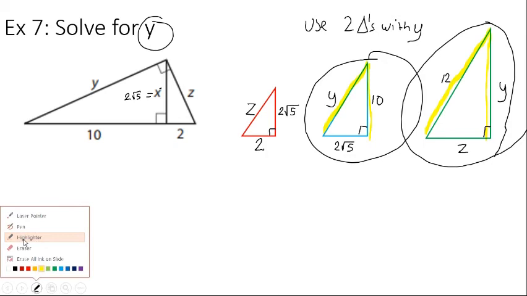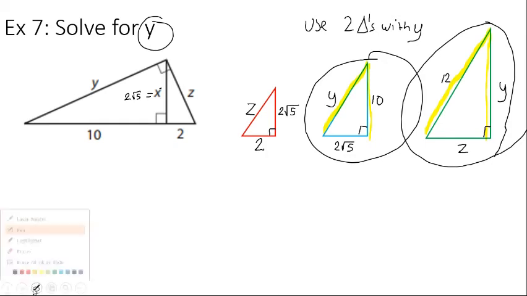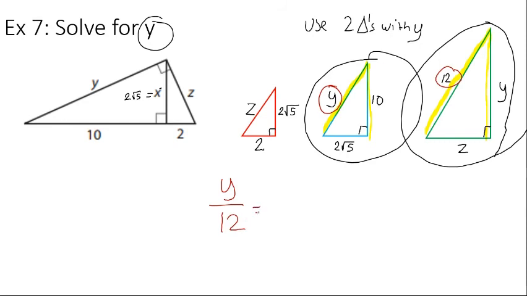Right, so when I solve for that, I'm going to take y and 12. And I have 10 and y. So I'm going to cross multiply.